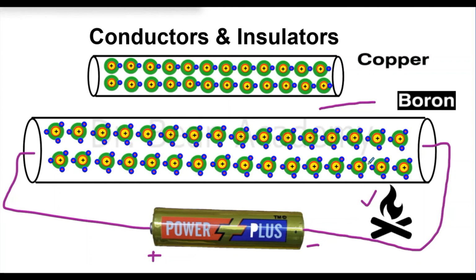But there is another way to change or control the conductivity of this material, and that is the foundation of modern semiconductor materials and components. Now we will talk about semiconductors and how we can change their conductivity or their behavior.